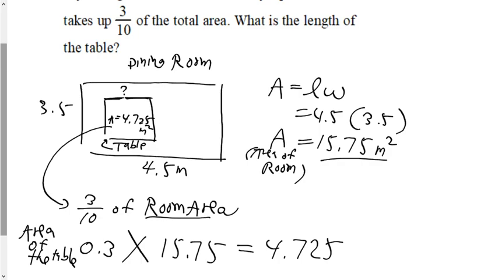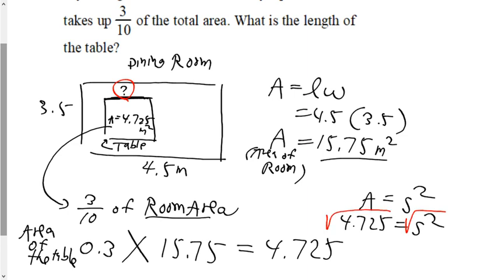Wow, I'm getting something. But hold on. The last question, I put a question mark here because I don't need to know the area of the table. I need to know the side length. And since the table is a square, the area of a table equals side squared. Since the area is 4.725 square meters, I'm able to isolate the variable to figure out the side length, which is my goal. Square to side squared, the square root of this should work.